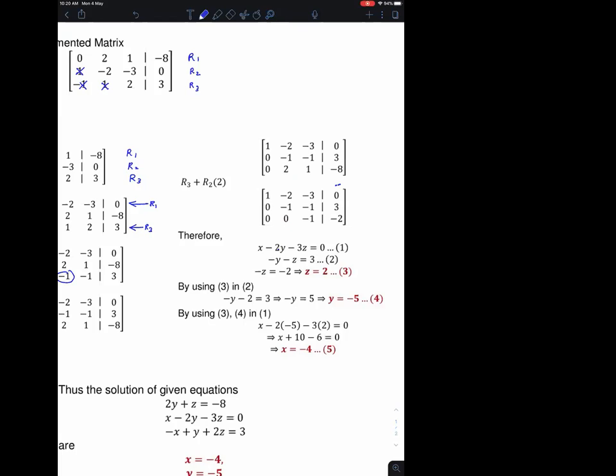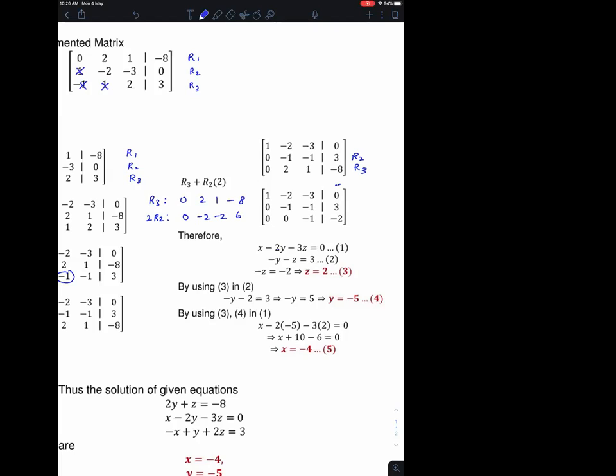To show that, R3 was 0, 2, 1, minus 8. So R3 plus 2 times R2. 2 times R2 is 0, minus 2, and then 6.